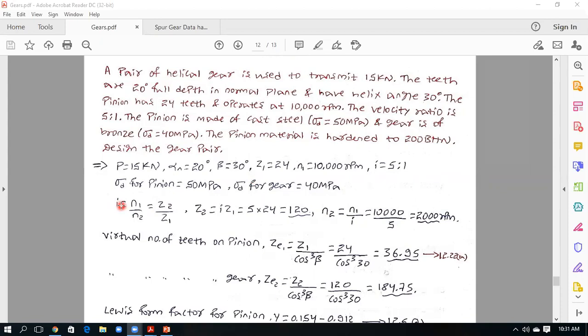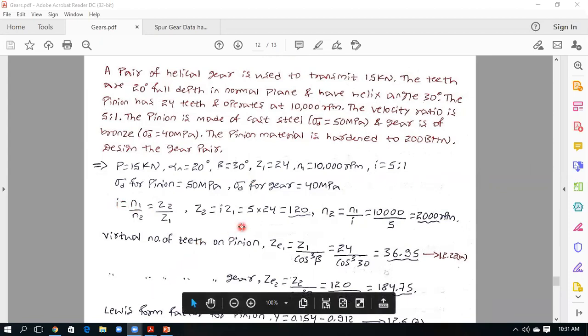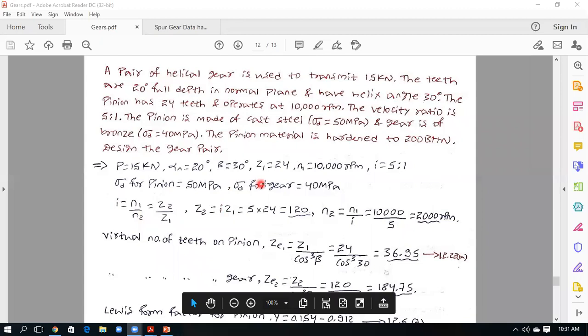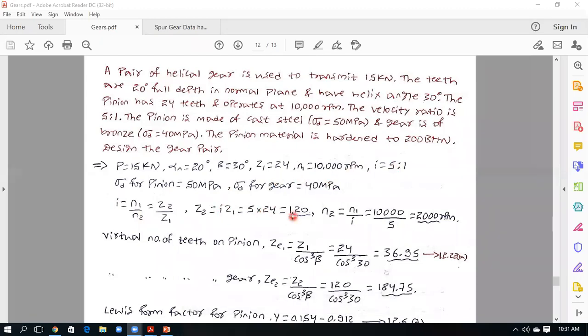Gear ratio is equal to N1 by N2 is equal to Z2 by Z1. Gear ratio is given, and he has given the number of teeth on the pinion, so you can calculate the number of teeth on the gear. Therefore Z2 is equal to I into Z1. Substitute the I value. I is 5, Z1 is 24, it will be 120.